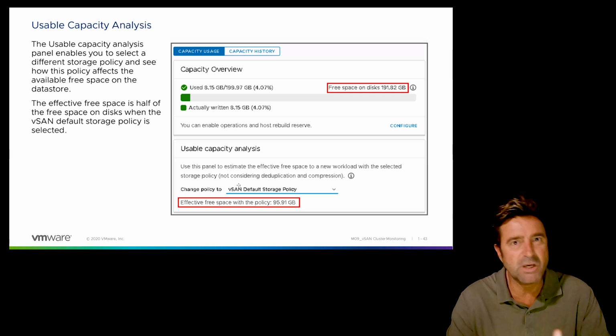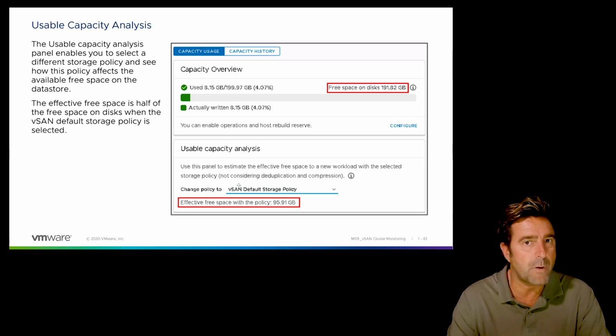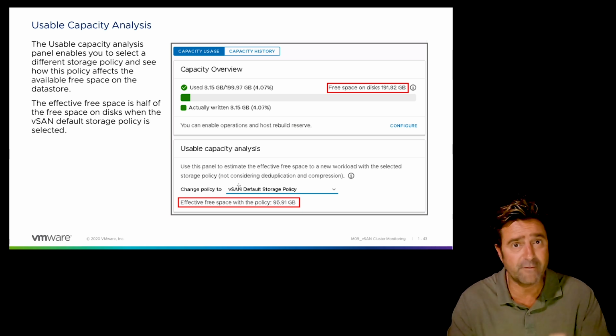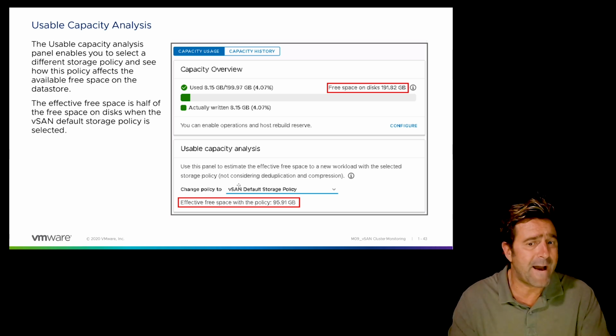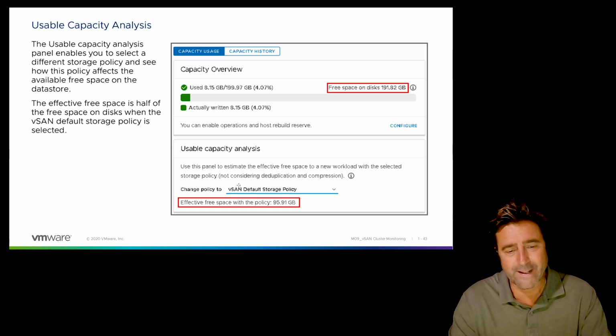So the numbers will change, whether you're using the default policy or other policies like RAID 5. So when you look at the bottom of the screen, when we're talking about capacity usage, you can see that when it comes to usable capacity analysis, you could choose to go with the default storage policy.